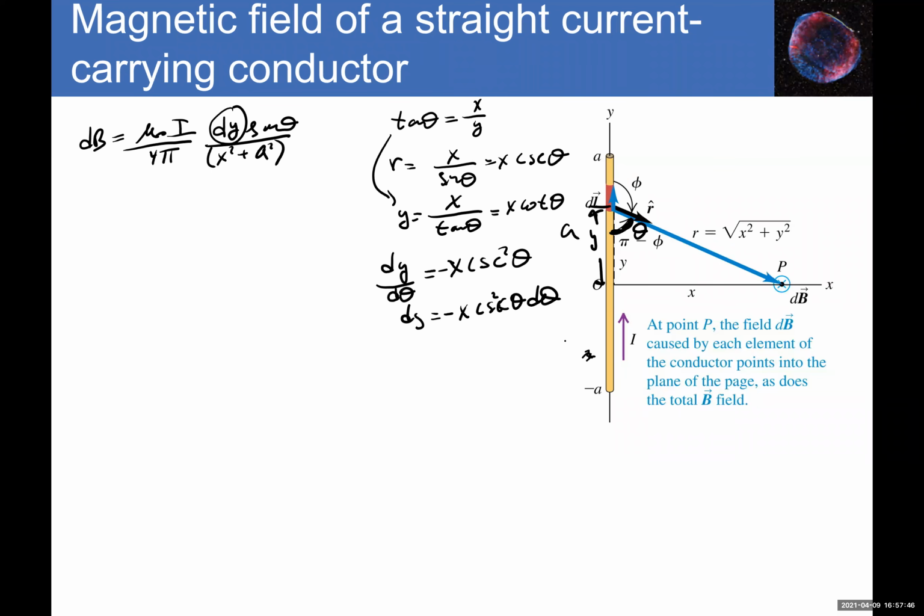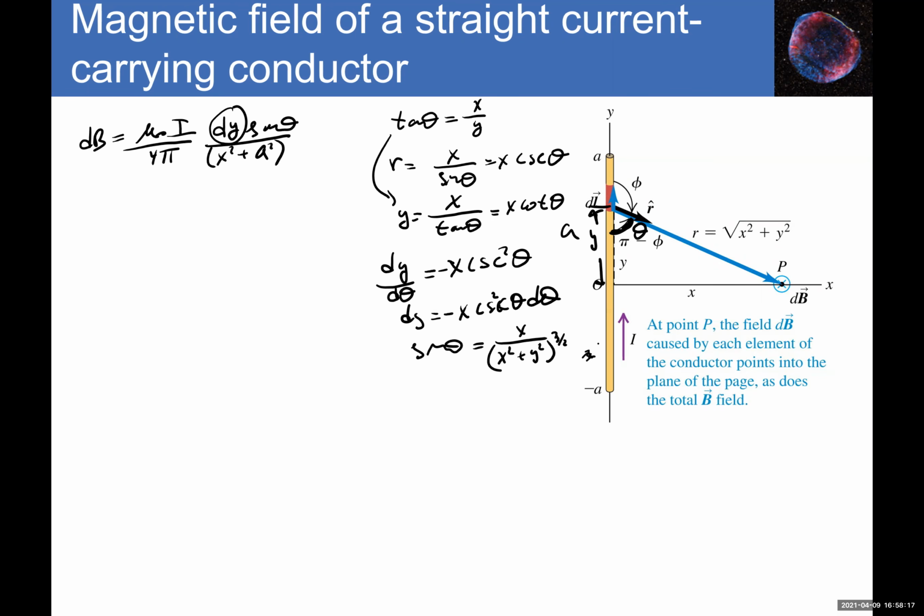So that's what I have for dy. Also for sine of theta, I don't know if I've written this, this is opposite over hypotenuse. So it will be x over x squared plus y squared to the 3/2.